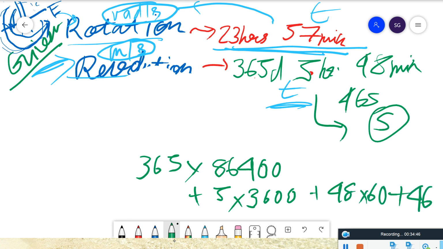It's as simple as that, isn't it? It is equal to how many seconds? It's equal to 3155692 seconds.